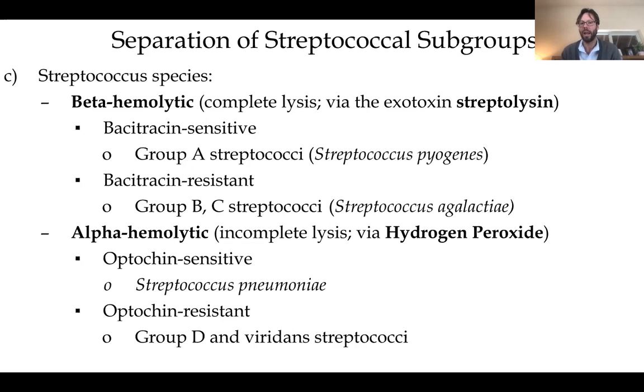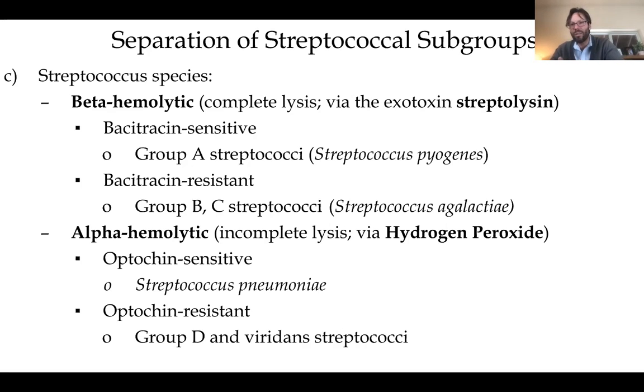If you were to grow these on a blood agar plate, beta hemolytic streptococcal bacteria will have a zone of hemolysis, which is much more defined. Alpha hemolytic is harder to detect because it doesn't break it down as efficiently.